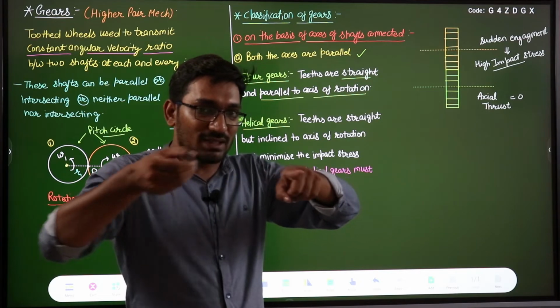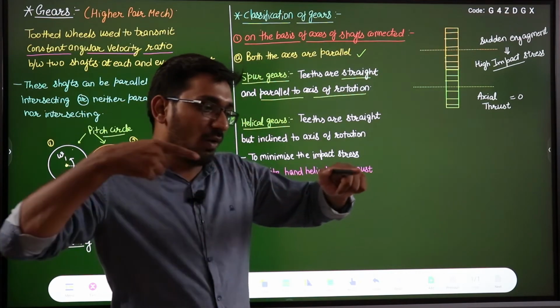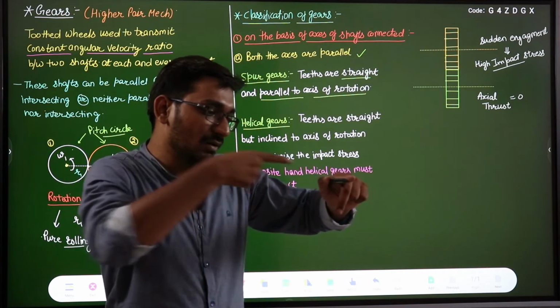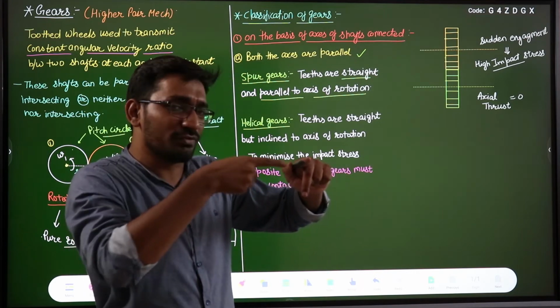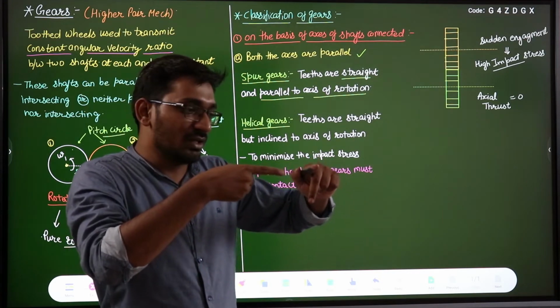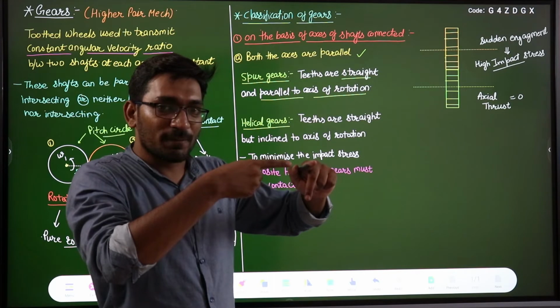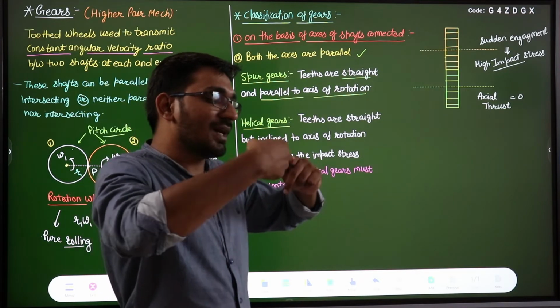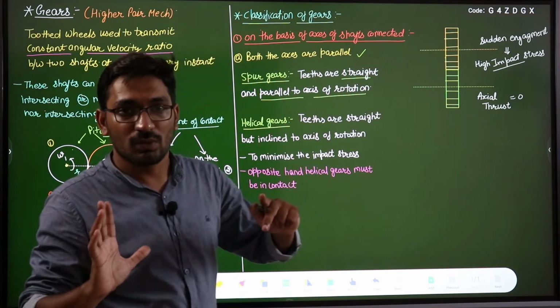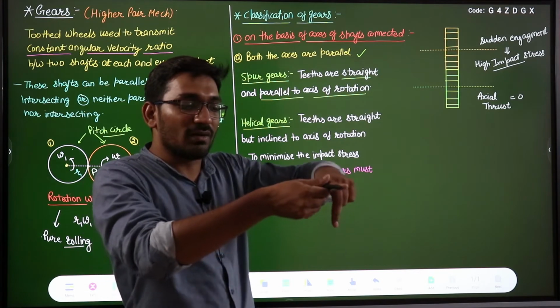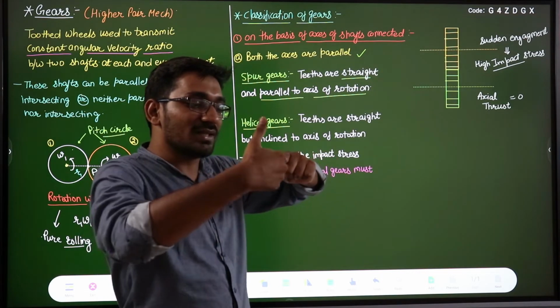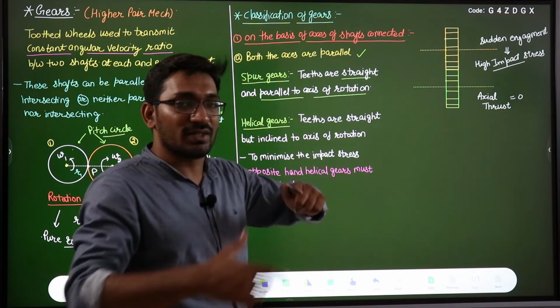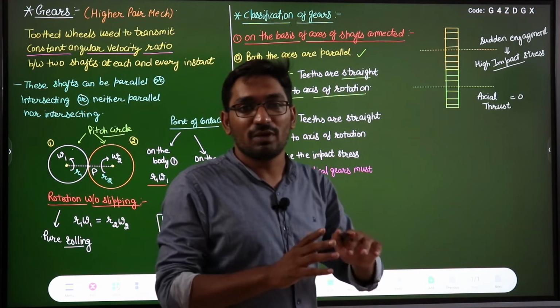When the gears come in contact with each other, all the force will be in this perpendicular direction. So the component of this force along the axis of rotation, the axial thrust, will be 0, because they come in contact like this.